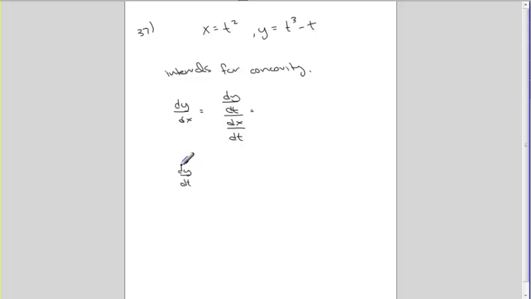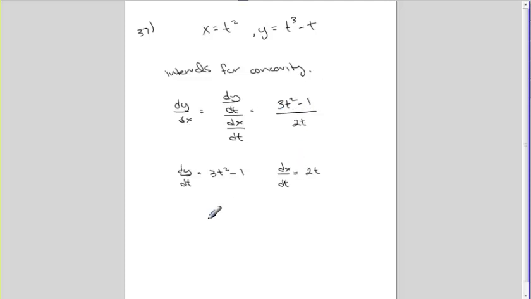So dy dt, take the derivative with respect to t, we get 3t squared minus 1. Dx dt is just 2t. Derivative of t squared is 2t. Okay, so we have the ratio 3t squared minus 1 divided by 2t.